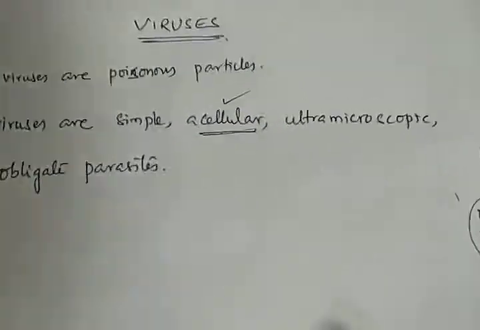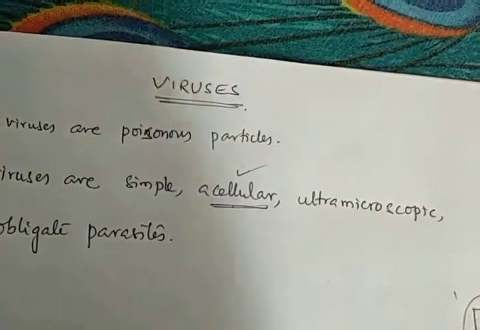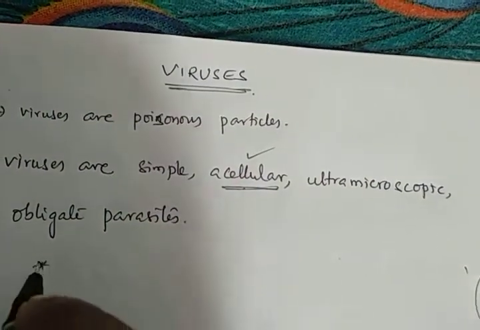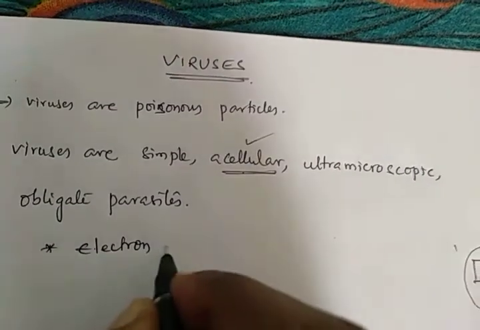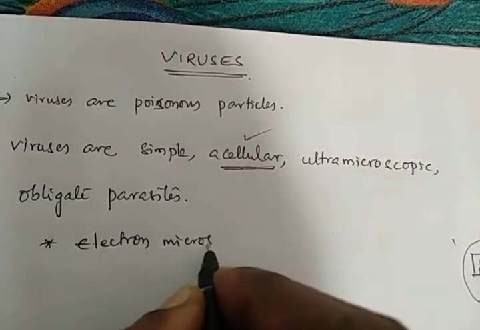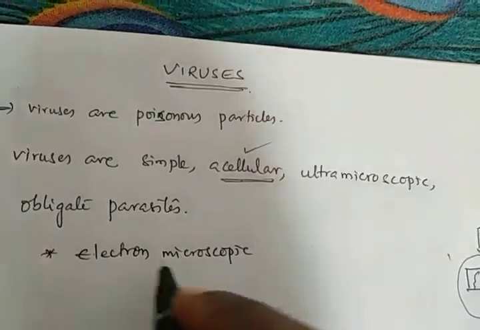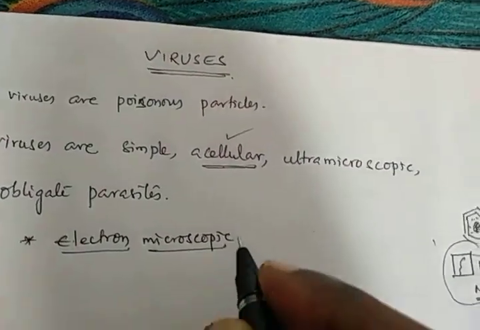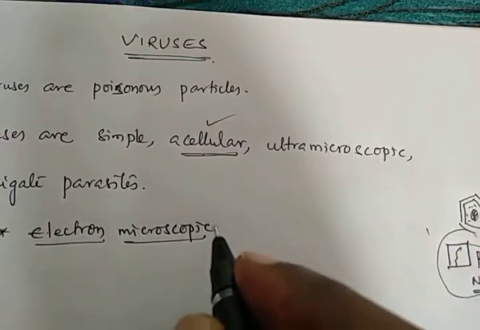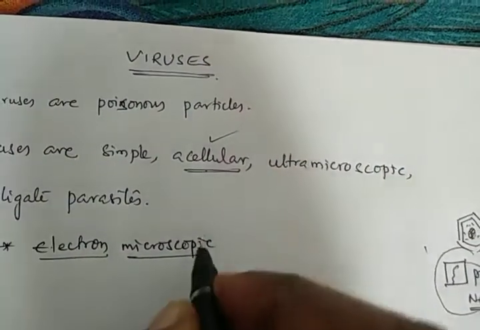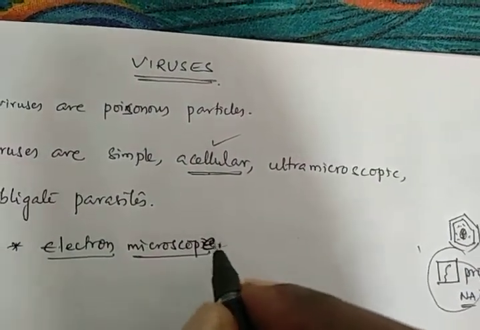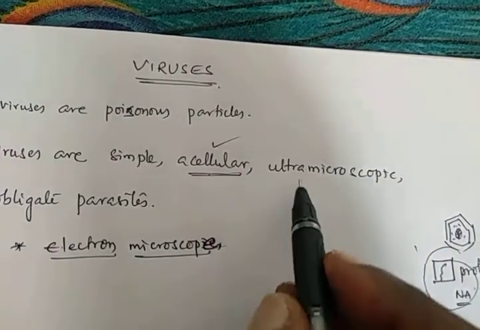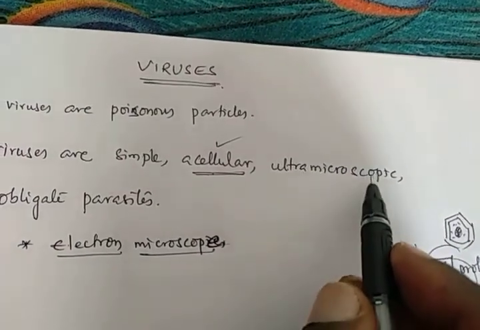We can see only with the help of the electron microscope. Even with a light microscope we cannot observe the viruses. Only with the help of an electron microscope can we see the viruses. So that's why they are said to be ultra microscopic.